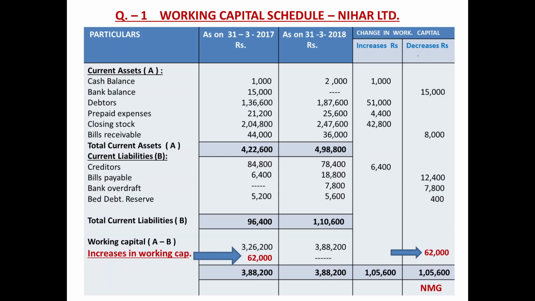First item, cash balance 1000 for last year, current year 2000, which indicates an increase of rupees 1000 in the current year. CA with working capital, it's a positive relationship. So an increase in current assets increases the working capital, and that is why we have reported it in the changes in working capital column under the title increases, 1000.